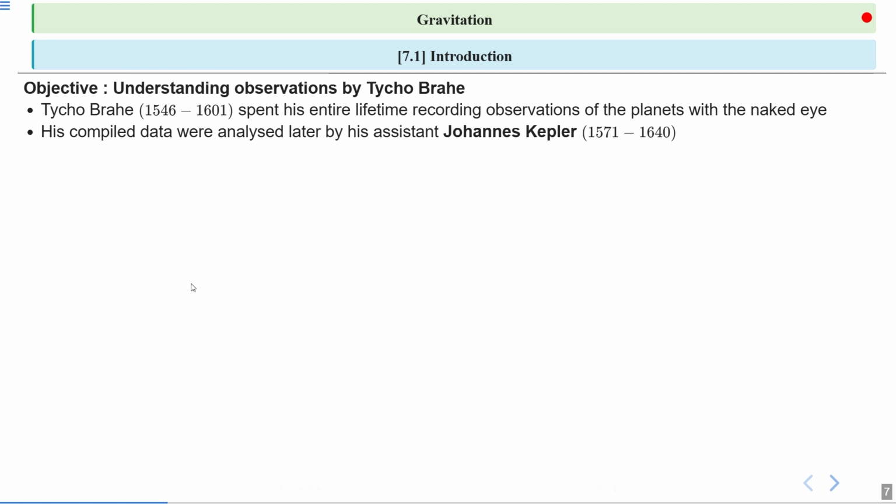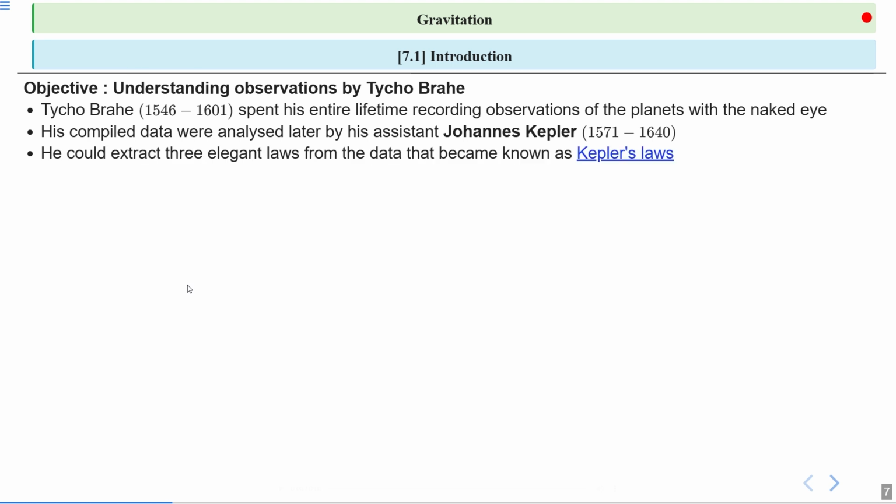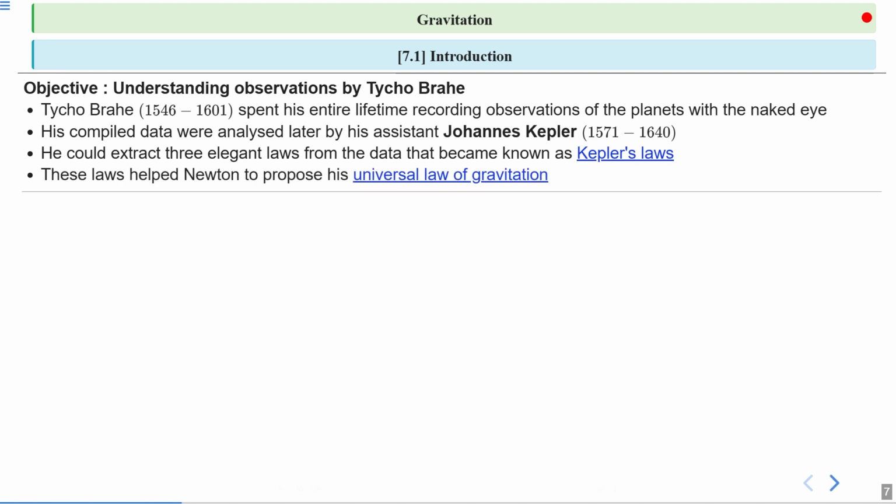It was analyzed by his assistant Johannes Kepler, who lived from 1571 to 1614. Kepler's role was important as he transformed Brahe's extensive data into meaningful insights. From this data, Kepler was able to derive three elegant laws of planetary motion, known as Kepler's laws. These laws were instrumental for Isaac Newton in formulating his universal law of gravitation.